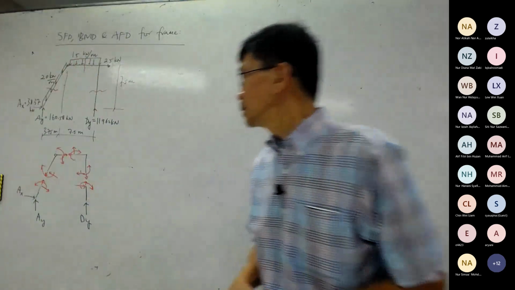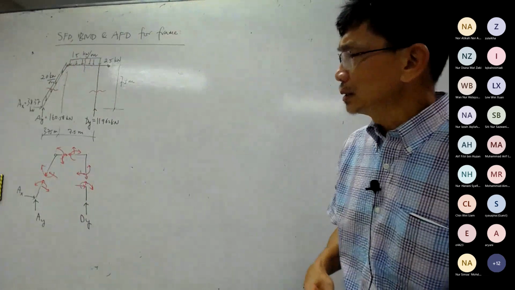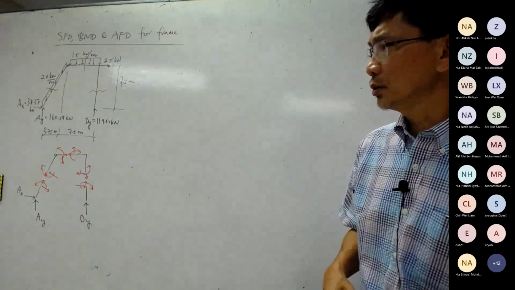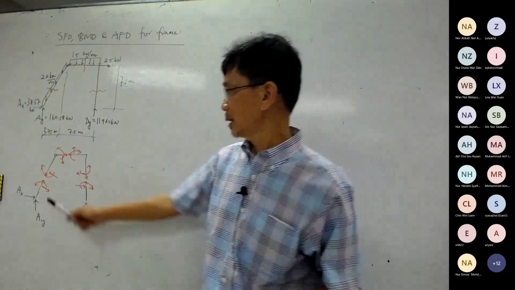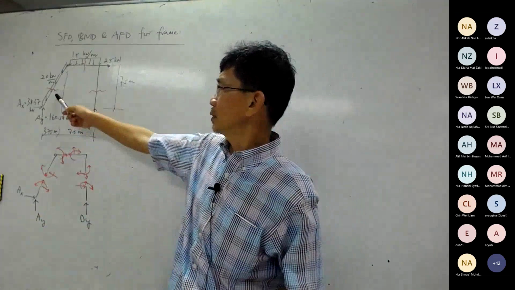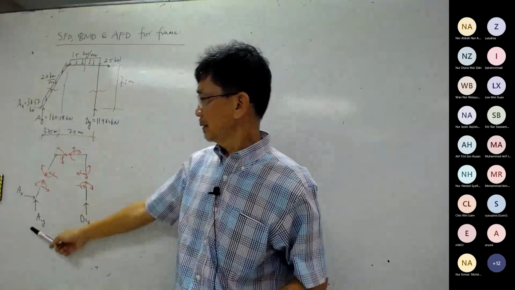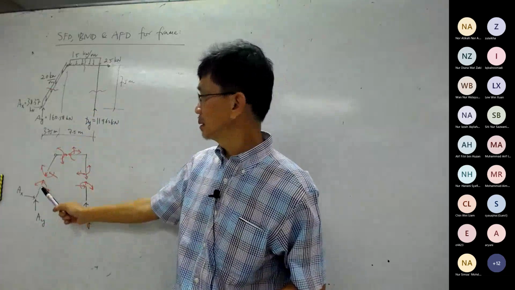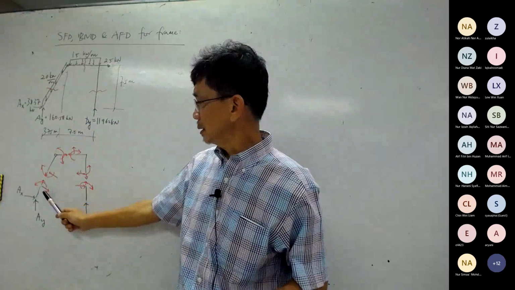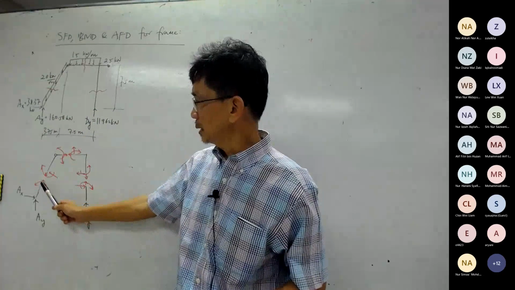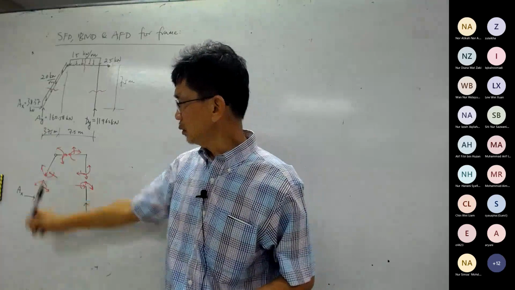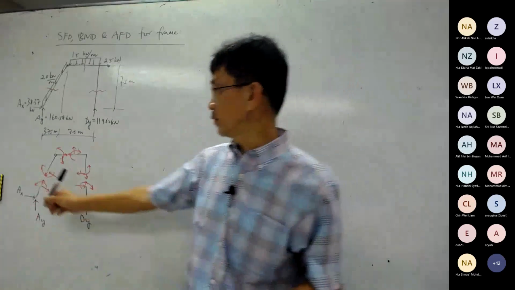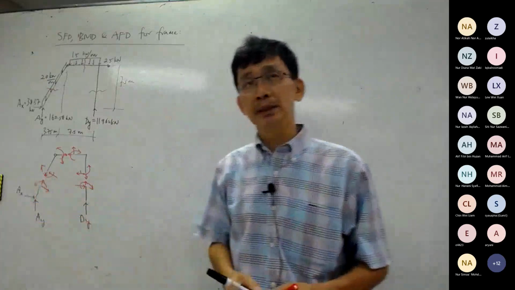Okay. Now next I'm going to show you, for example, if I know AY and AX, how to calculate the shear force, bending moment, and axial force here. Axial force, shear force, and bending moment are always defined following the member.